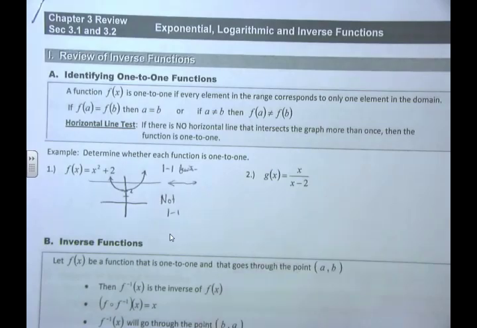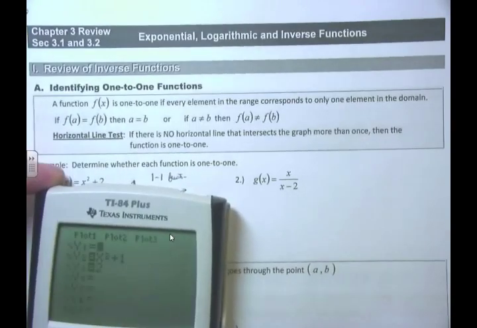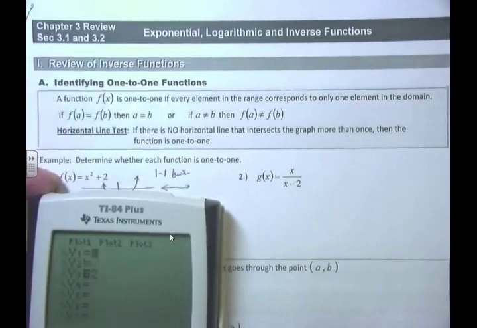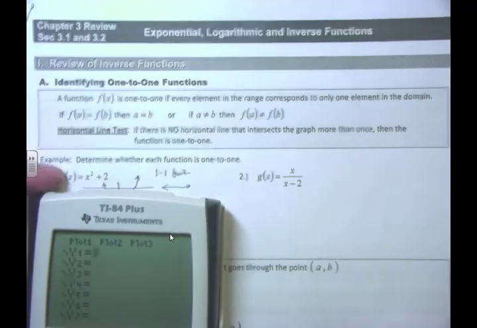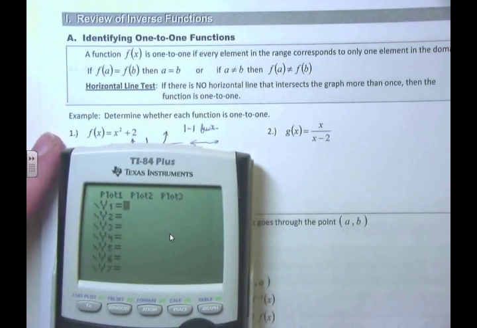What about this graph over here? g of x equals x divided by x minus 2. It's time for the calculator on this one, but let's see what this thing looks like. f of x equals x divided by parentheses x minus 2.